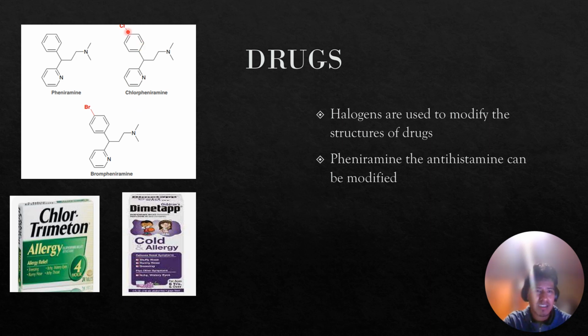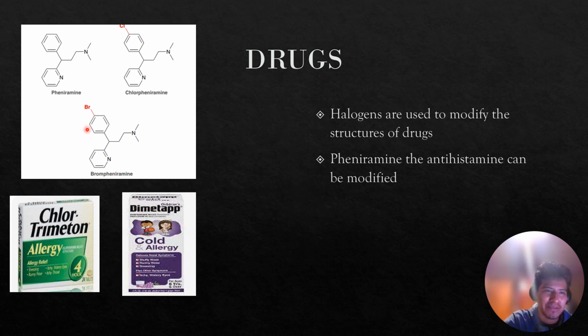But when you add a chlorine atom to the para position for pheneramin, turning it into chlorpheneramin, it makes it 10 times more potent than pheneramin, which is pretty insane and cool at the same time.